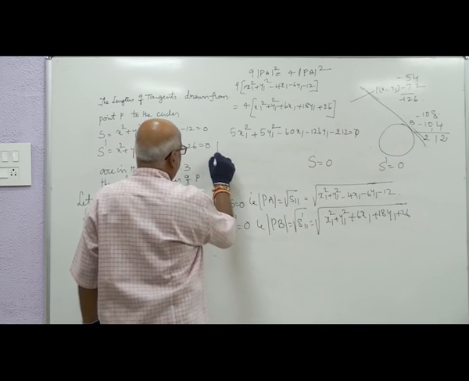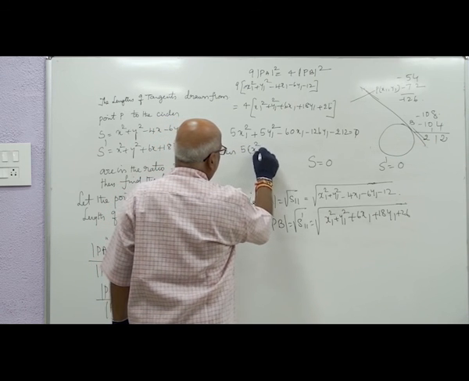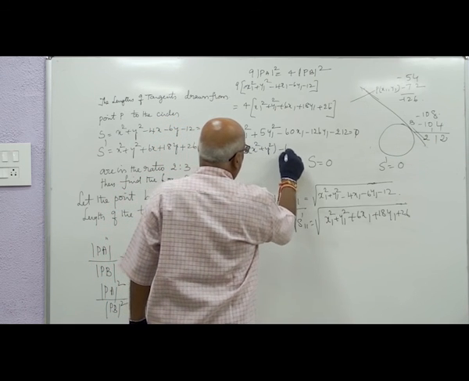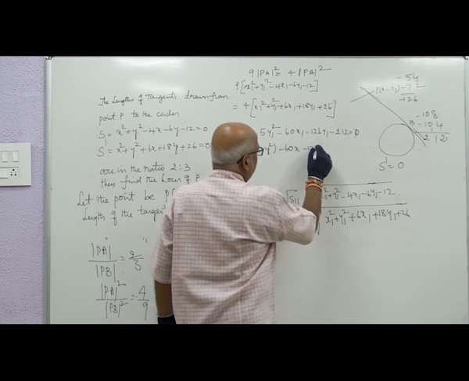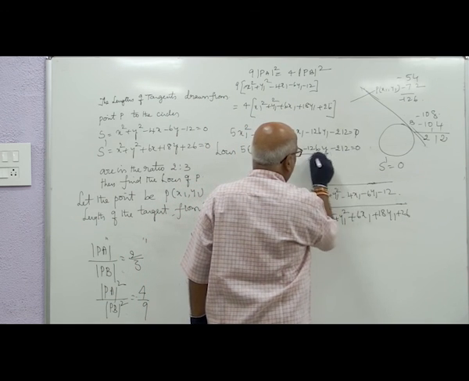Locus, replace x1 with x, y1 with y. 5 into x square plus y square minus 60x minus 126y minus 212 equal to 0.